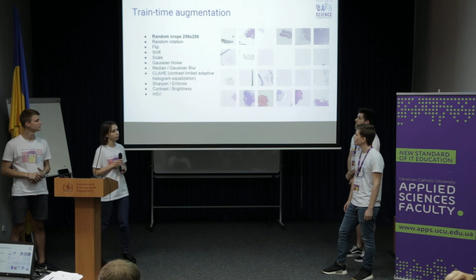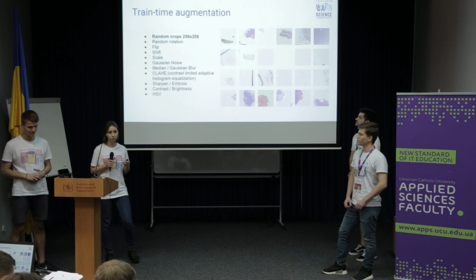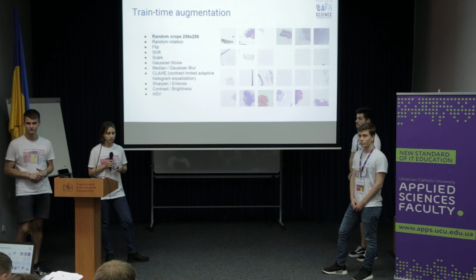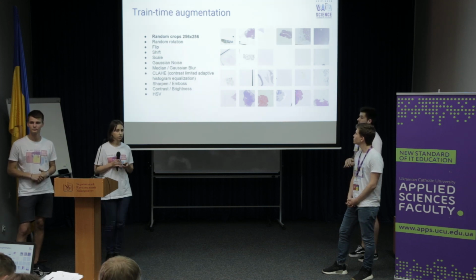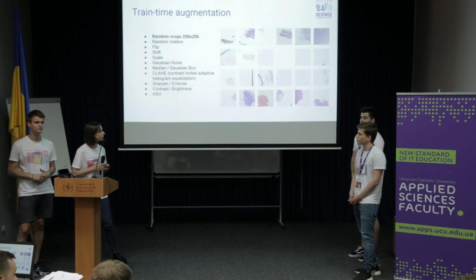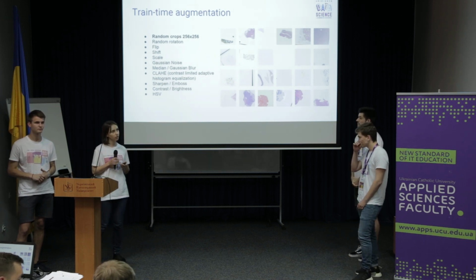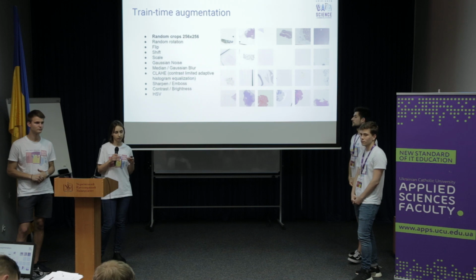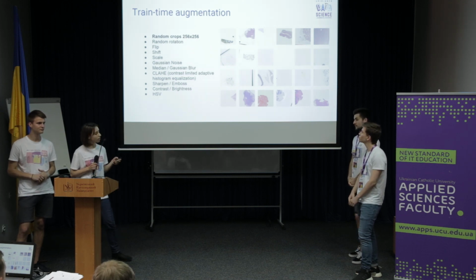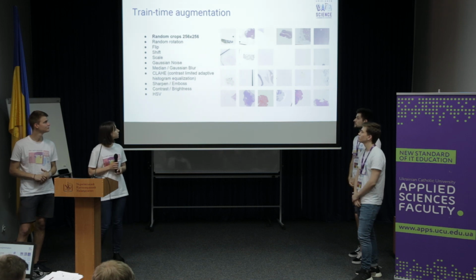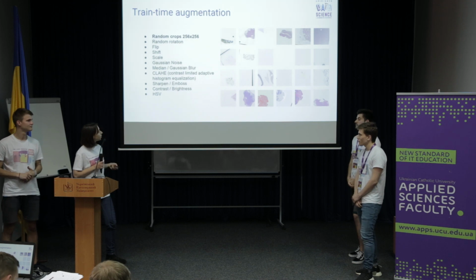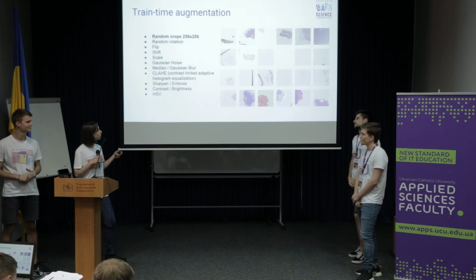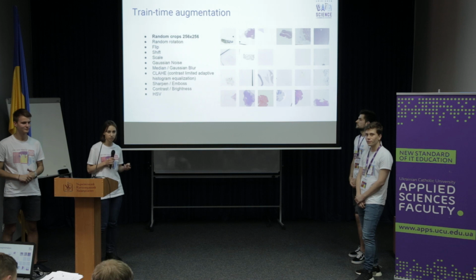So we decided to have two strategies to enlarge our dataset and make it more diverse. The first strategy is called train-time augmentation. In each step on every image, we got a random crop of size 256, and we had really many different transformations.